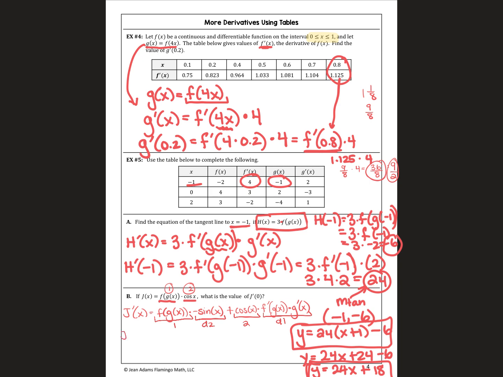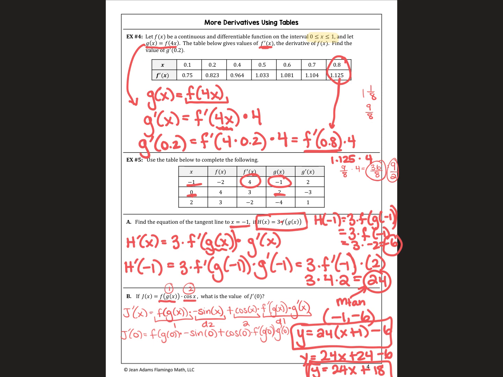So if I find j prime of 0, it's f of g of 0 times negative sine of 0 plus cosine of 0 times f prime of g of 0 times g prime of 0. I'm plugging in 0 for x. So if I go back to that table, g of 0 is 2.